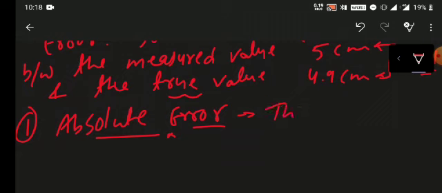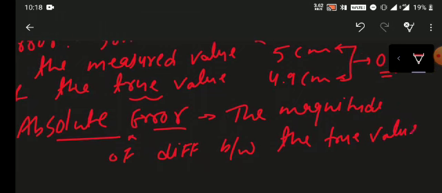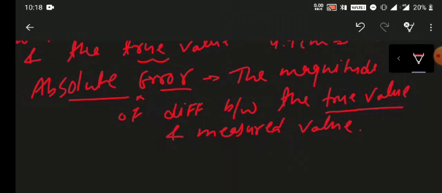The magnitude of the difference between the true value and the measured value. This is the definition of the absolute error. So the absolute error is the difference between the true value and the measured value. Now the point is, how can you determine the true value?